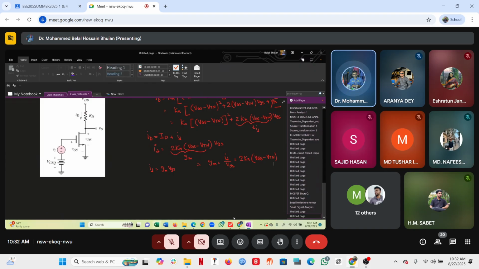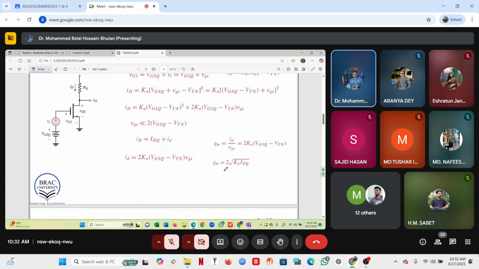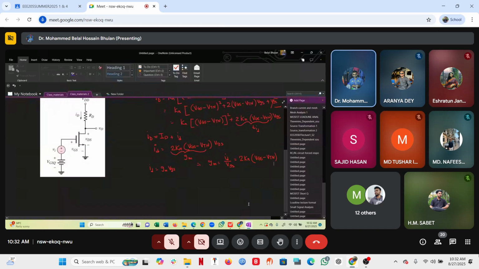Now there is another expression for GM. If you rearrange these things, it can be written as GM equals 2 root Kn ID. So either this equation or this equation you can use to determine GM.